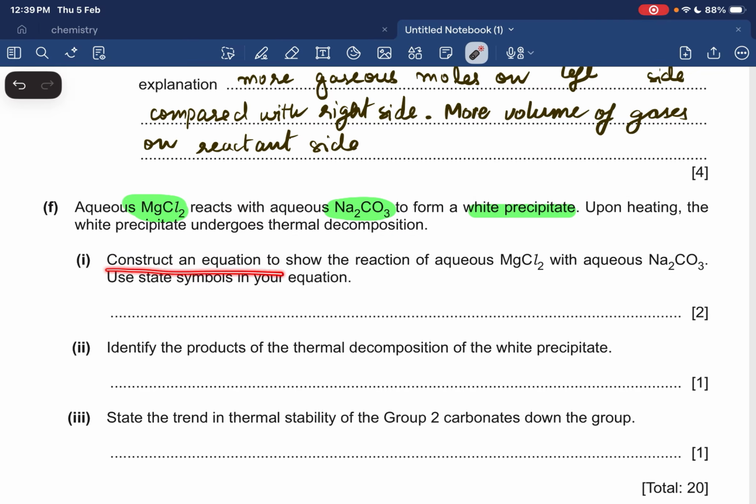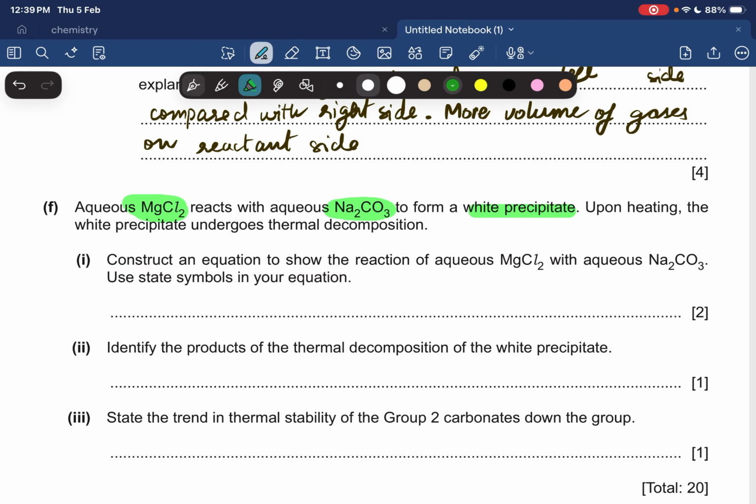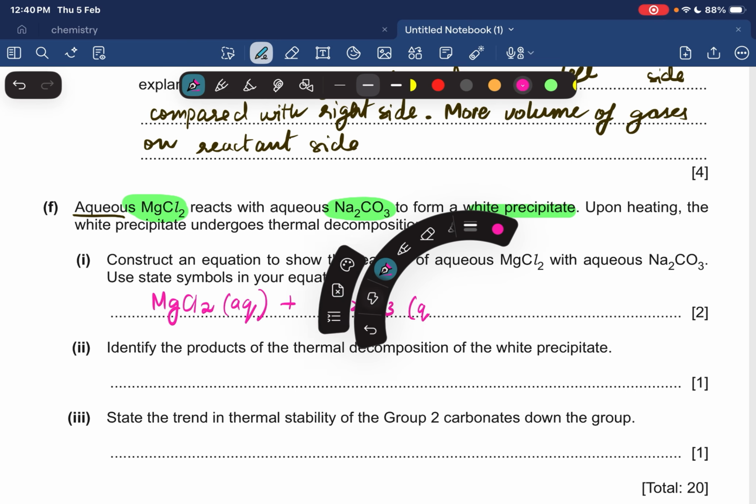Construct an equation to show the reaction of MgCl2 and sodium carbonate. Use state symbols in the equation. So we have aqueous MgCl2, that's aqueous because it's soluble. Then we have sodium carbonate, Na2CO3, that's also going to be aqueous. For aqueous, don't write liquid over here.